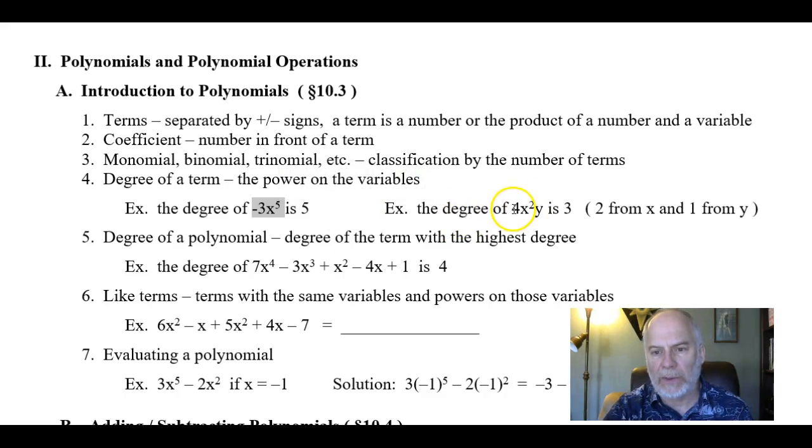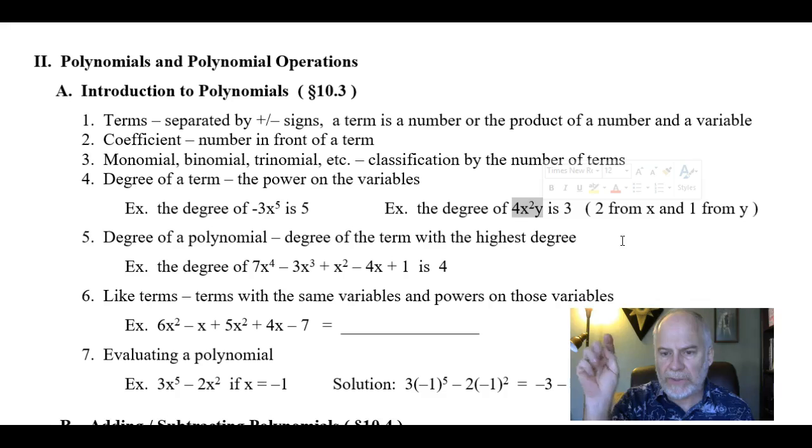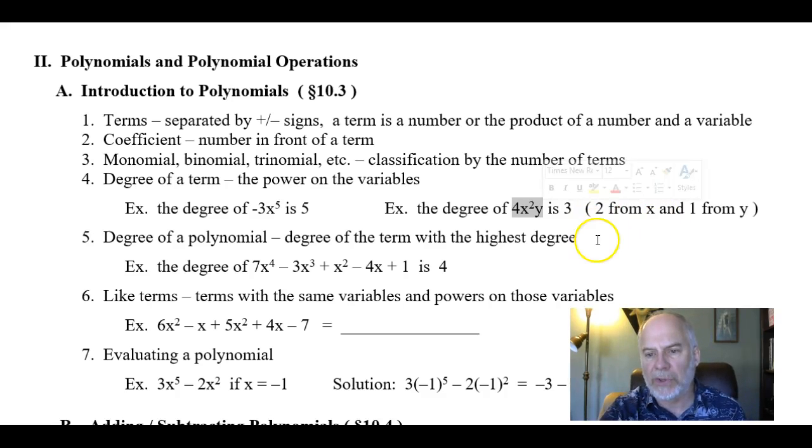Now with the term 4x squared y, that degree is 3, because that means 4 times x times x times y. So how many variables do we have multiplied together? We have a total of 3. We got 2 x's and 1 y. So it's a degree 3. All right? So that's the degree of a single term.